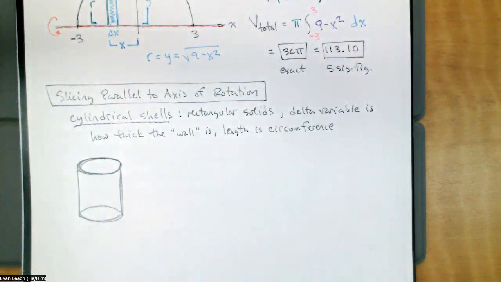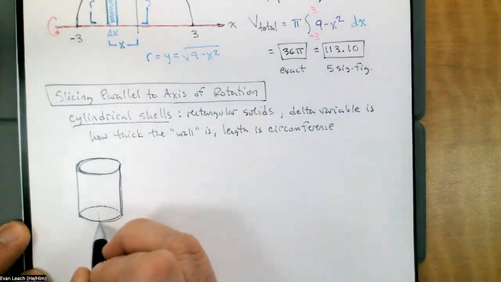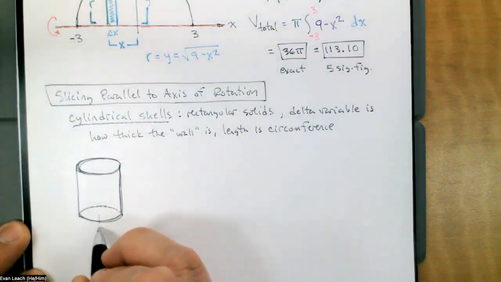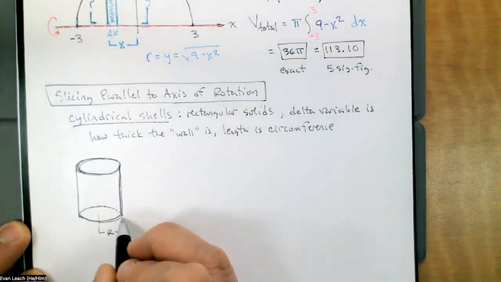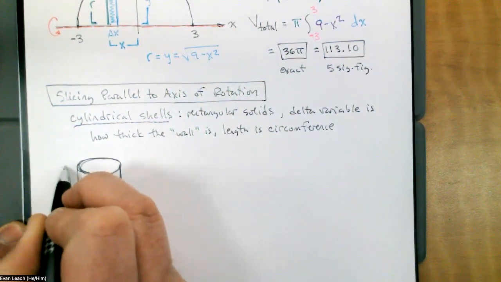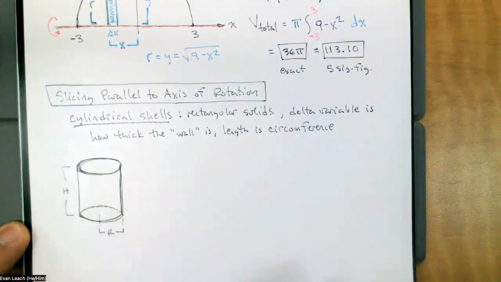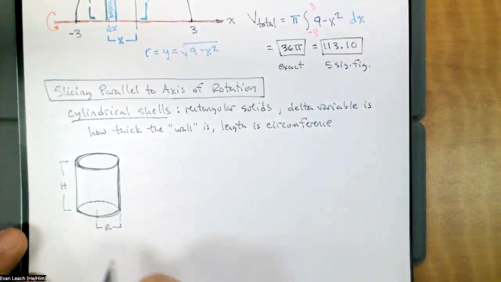So what we're going to do is take our cylinder and unroll it into a rectangle. Our cylinder has a radius of r and a height of h.